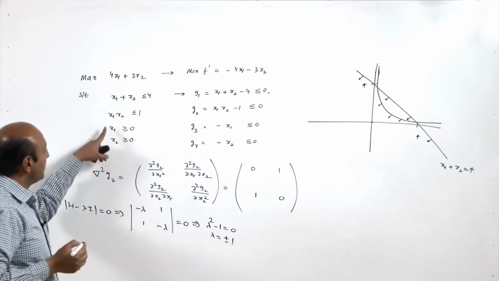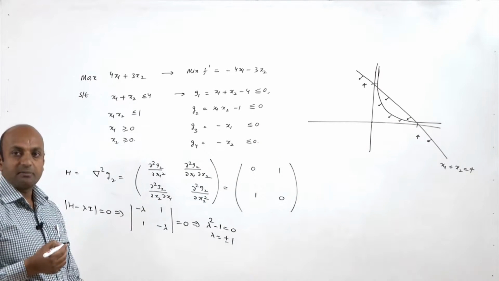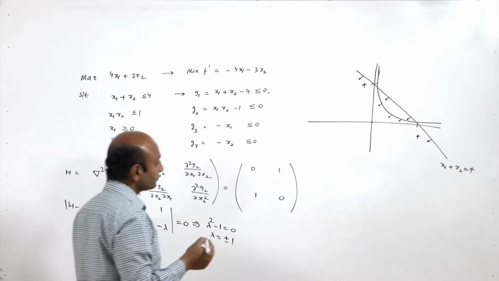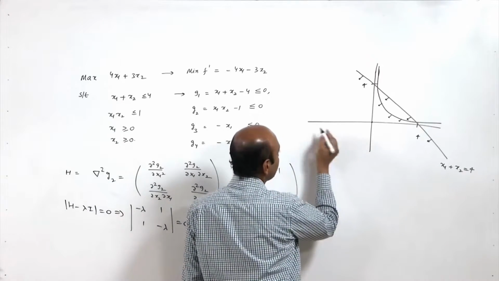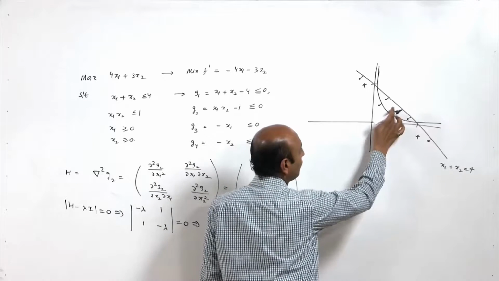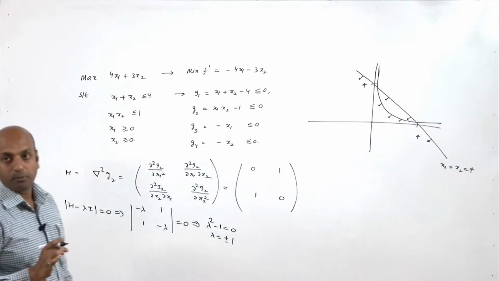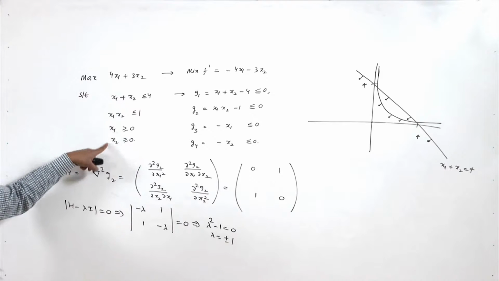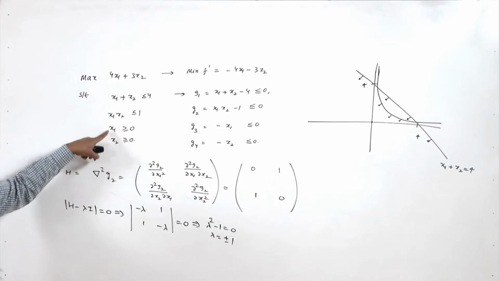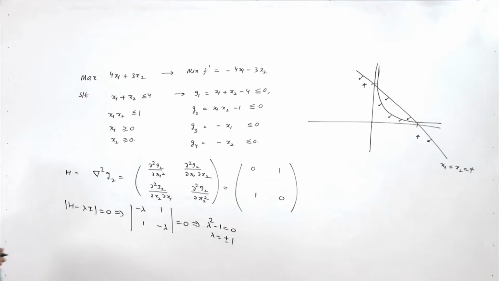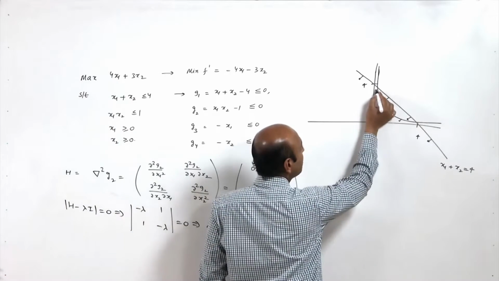And x1, x2 both are non-negative, that means the first quadrant, we are taking only the first portion of the rectangular hyperbola, because we need only that portion which is in the first quadrant.